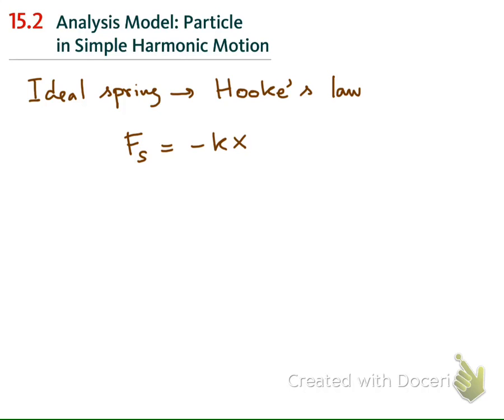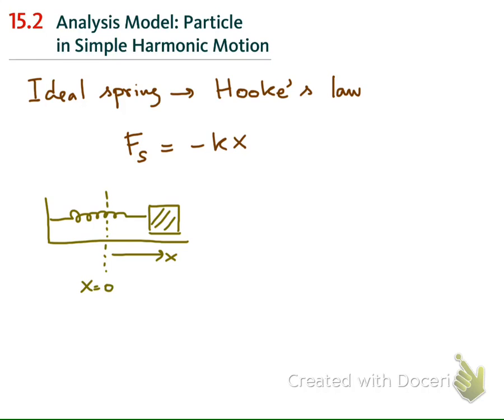This F equal to minus kx means that if you have an object attached to a spring, and at an instant of time the object is at position x from the equilibrium position, we say that the force from the spring F is equal to minus kx.